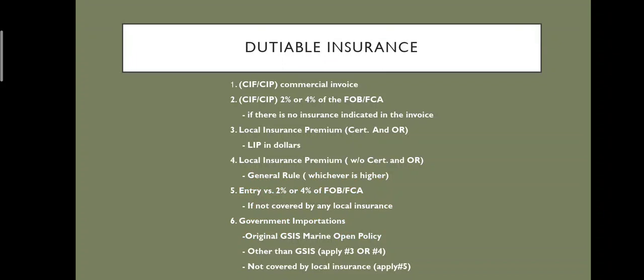Rule number 4, local insurance premium without certificate and official receipt. You have to apply the general rule, whichever is higher. Rule number 5, entry versus 2% or 4% of FOB or FCA if not covered by any local insurance.